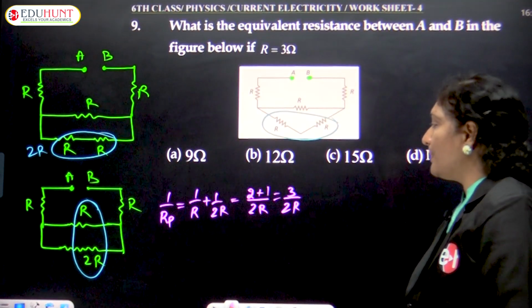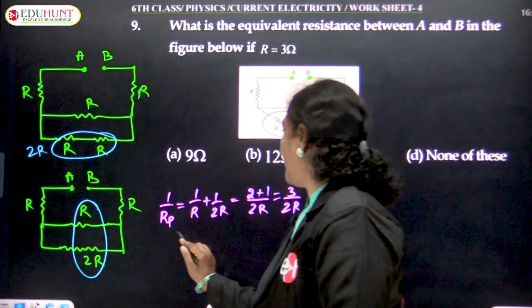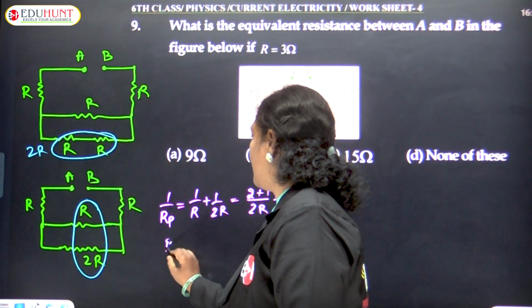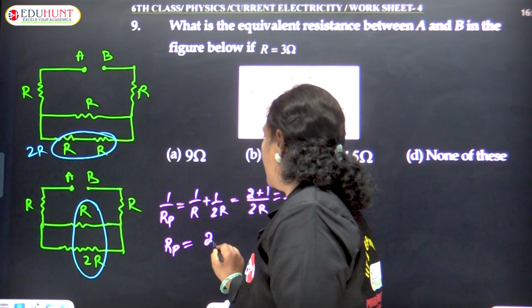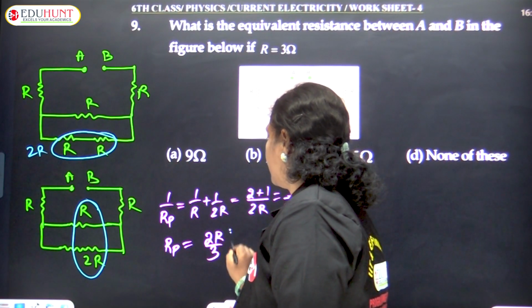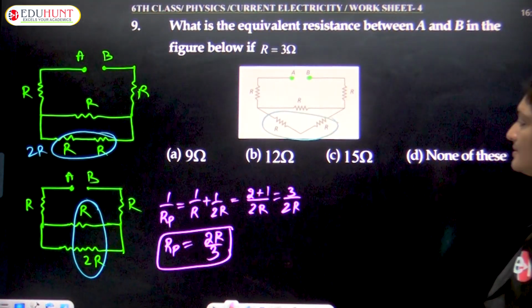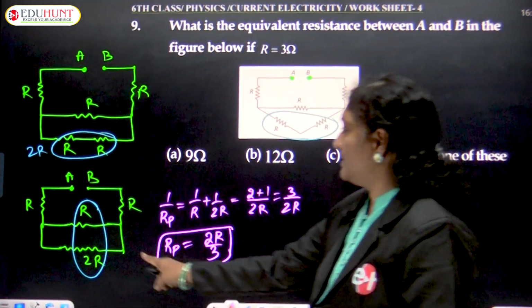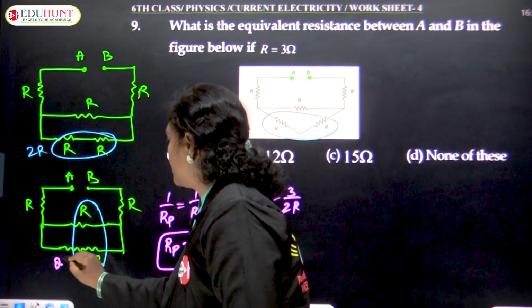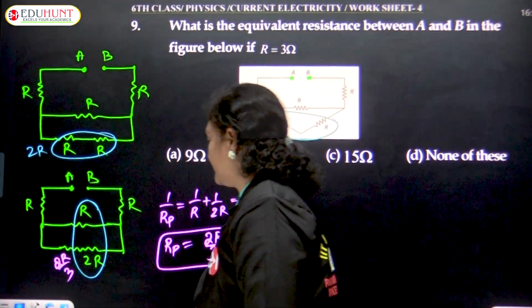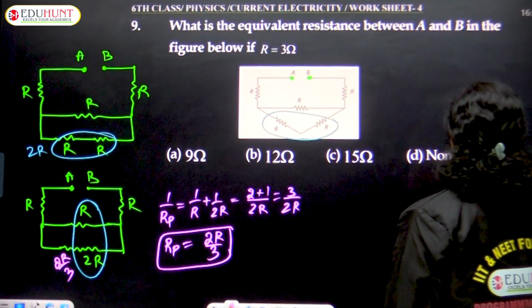So, the value of 1 by Rp is found to be 3 by 2R, or Rp is found to be 2R by 3. The value of Rp, the equivalent resistance, is found to be 2R by 3. Is that okay, children?